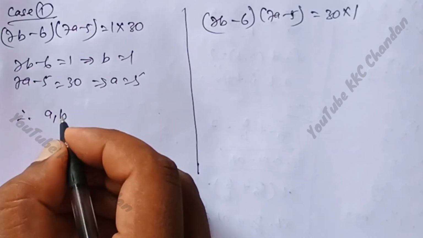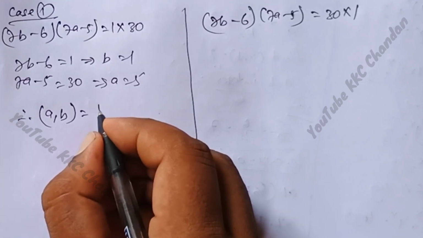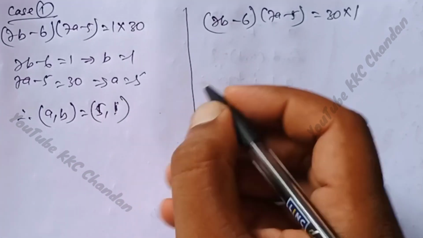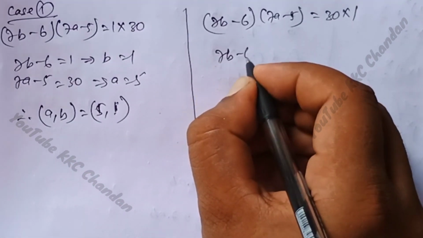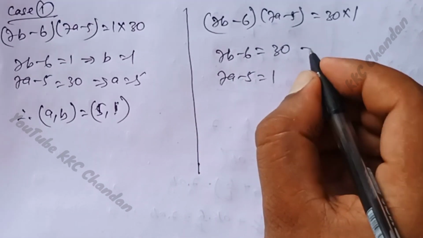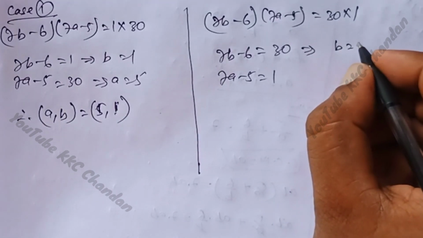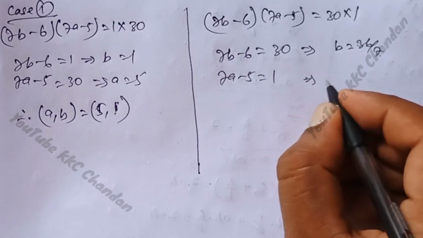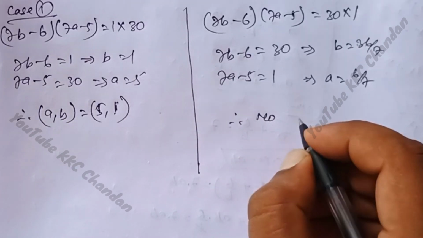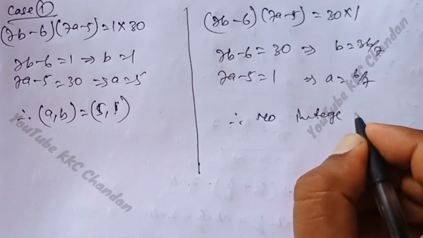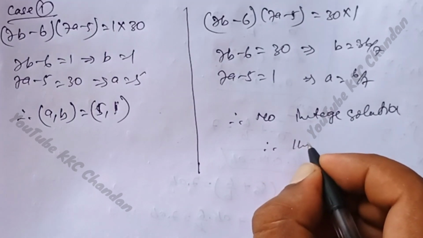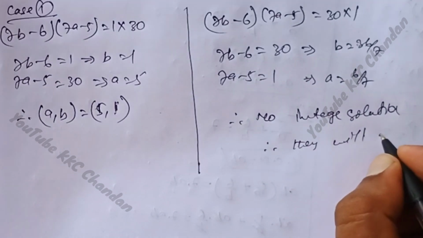So a value is 5 and b value is 1. Second, 7b minus 6 is equal to 30 and 7a minus 5 is equal to 1. The b value is equal to 36 divided by 7 and a value is equal to 6 divided by 7. Therefore, no integer solution. They will be rejected.